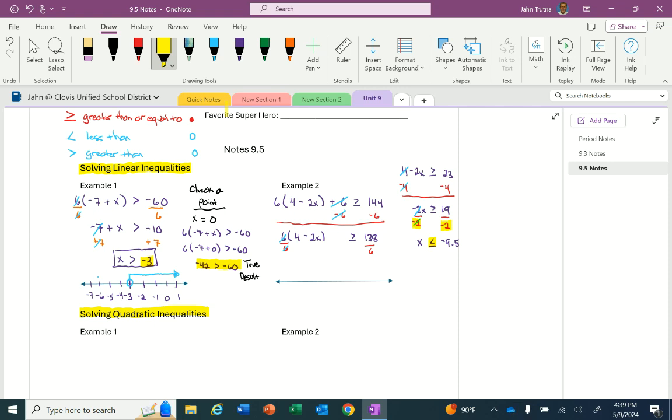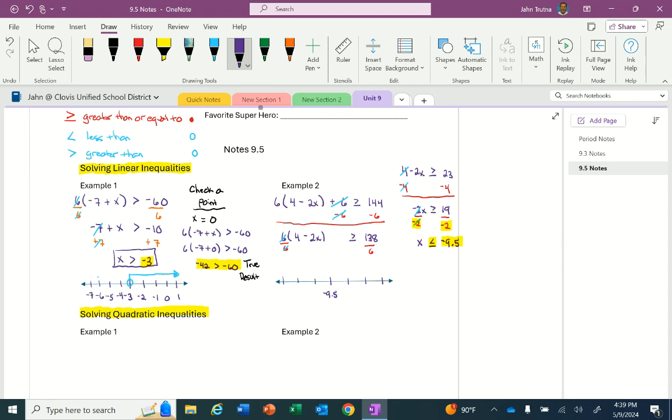Now, that negative 9.5 is my solution number. So I'm going to go to my number line right in the middle and put a negative 9.5. Then I'm going to put a couple tick marks to the left and also to the right. I put 3 each way. Earlier I put 4 each way.